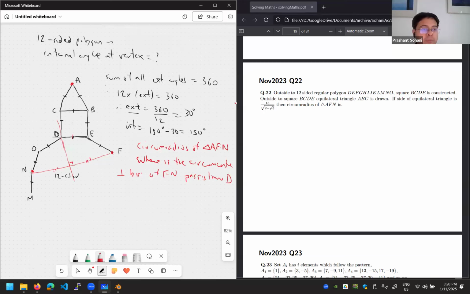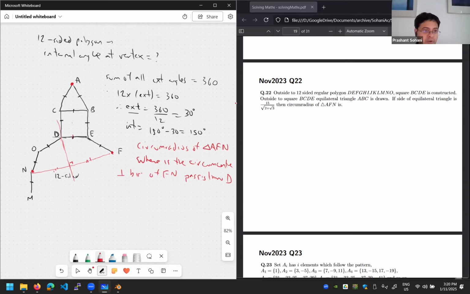Okay, so that was a hint that maybe point D itself is the point where all three perpendicular bisectors meet. And for that, if you just look at the diagram, you realize the second perpendicular bisector, for AN also.